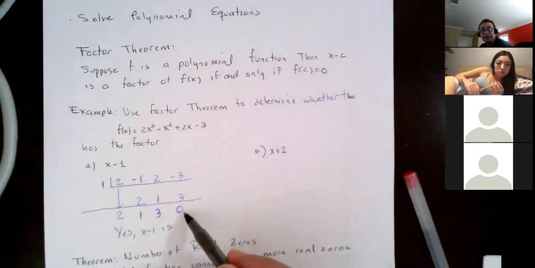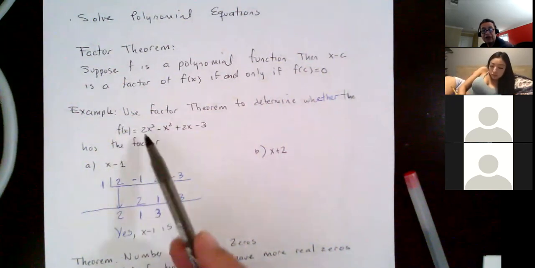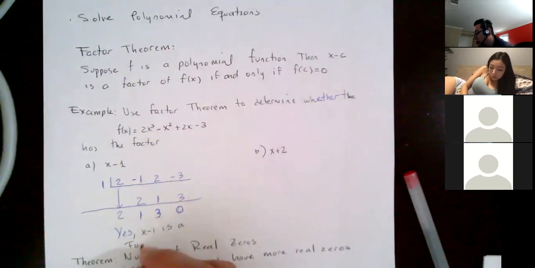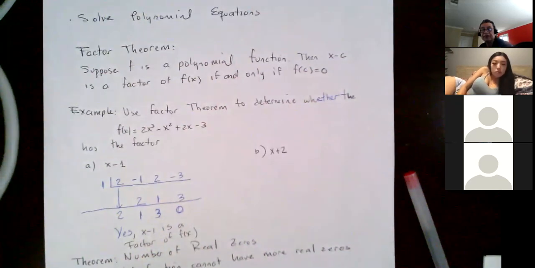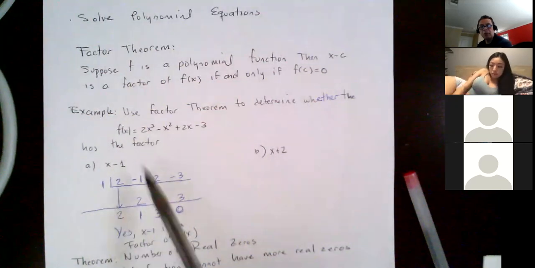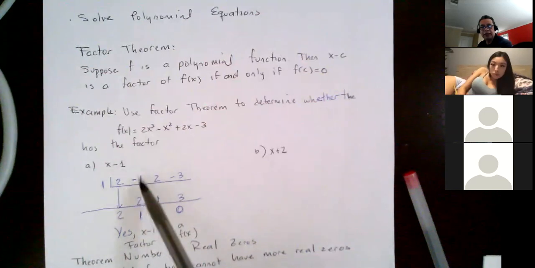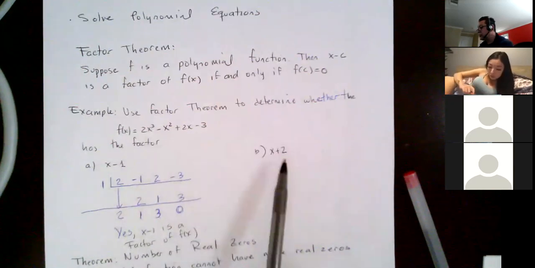If this number is 0, that means that x minus 1 is a factor of f of x. We're going to talk about more next section also. We're going to do a lot of synthetic division, factoring using synthetic division, by the way. Now, let's try x plus 2.